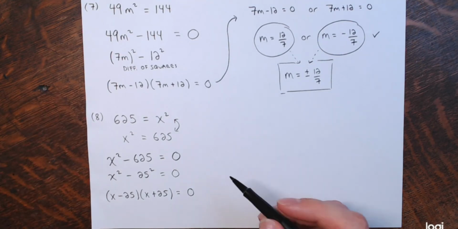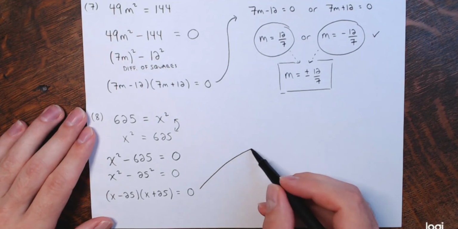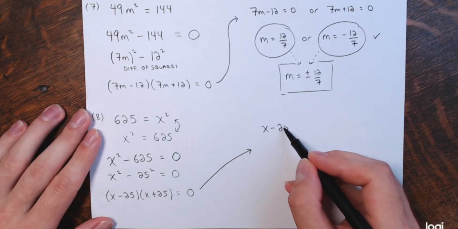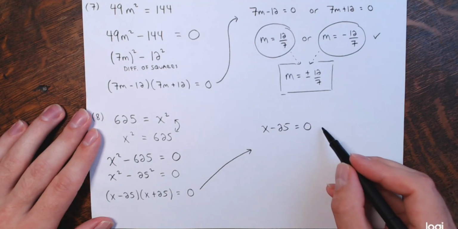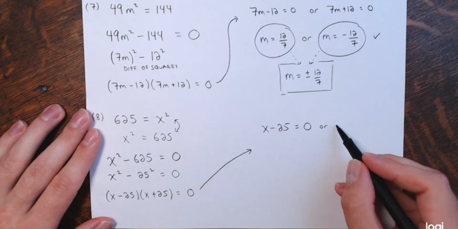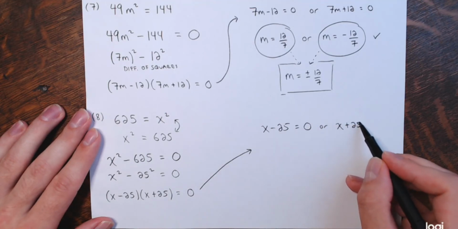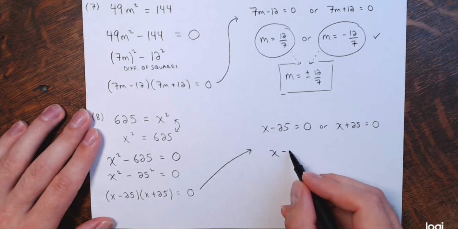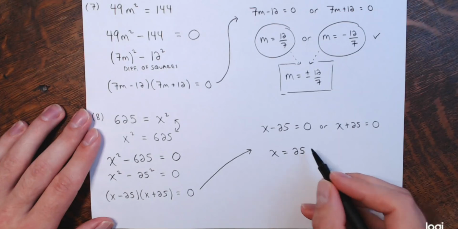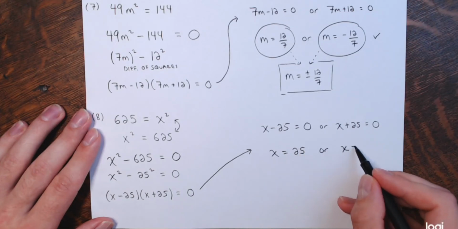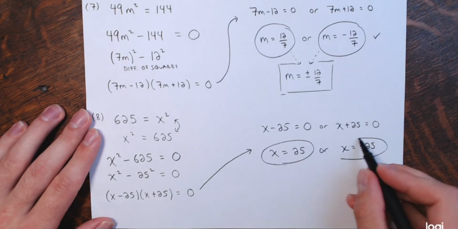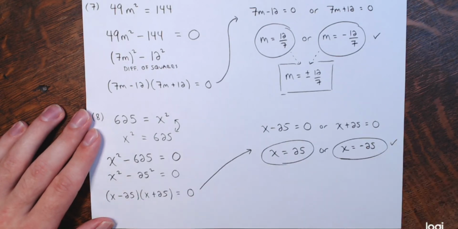And then applying the 0 product property, either the first factor, x minus 25 equals 0, or the second factor, x plus 25 equals 0. And solving each of these gives us our solution. So either x equals 25 or x equals negative 25. And again, you should be checking these back in the original statement.